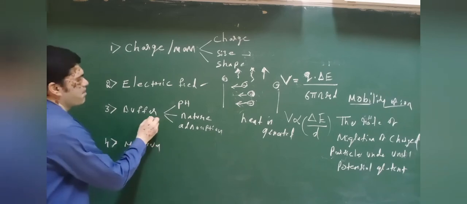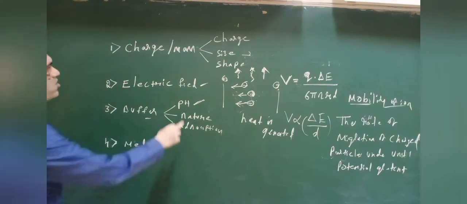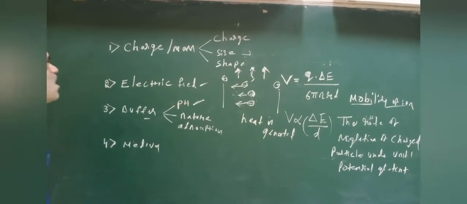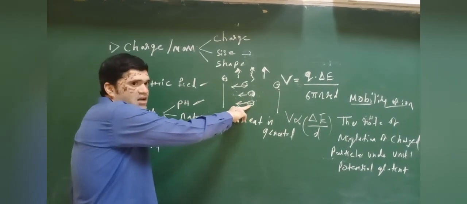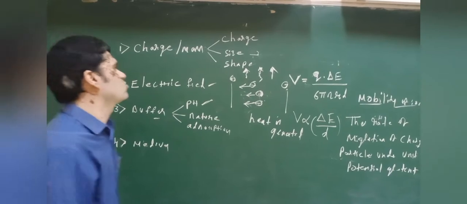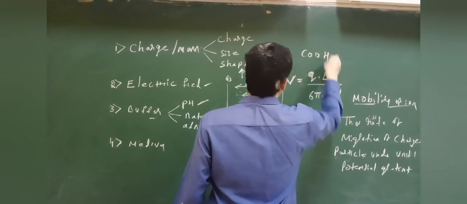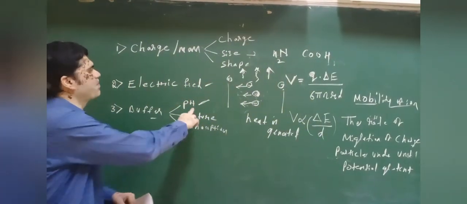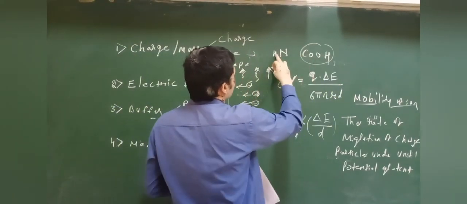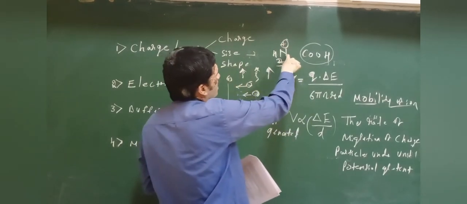So next we will move to buffer. In buffer, first we have pH. As I already told, the pH of the buffer will decide whether our sample molecule will acquire negative charge or positive charge, say like protein samples or amino acids. Since these samples have both the NH2 group and COOH group, in case our buffer is acidic, then COOH will remain intact and NH2 will convert into NH3+, and therefore our protein sample will acquire positive charge.